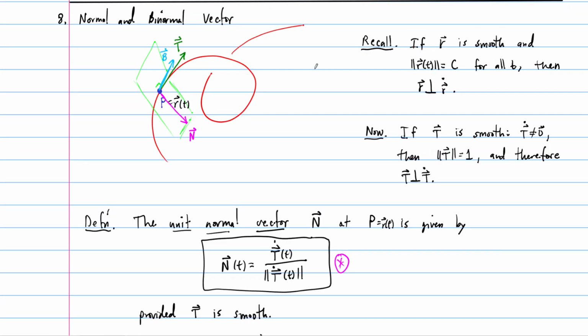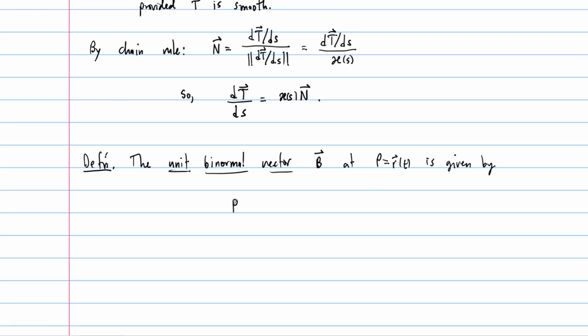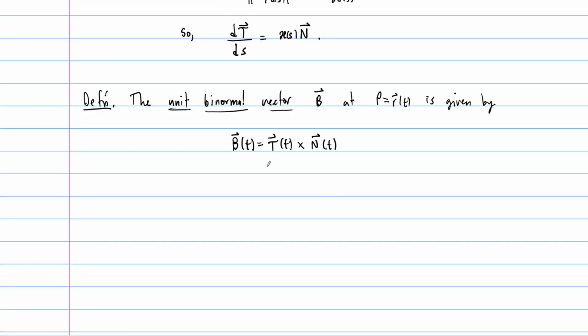We built this as the cross product of T with N, where, remember, the cross product, the order matters, so T has to come first. So it's given by this: the vector B of t is equal to T of t, the unit tangent field, crossed with the unit normal vector field, N of t.